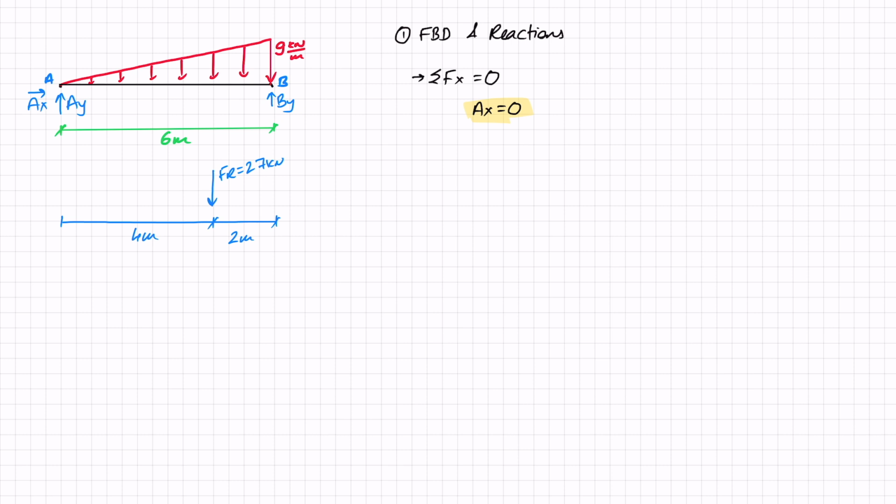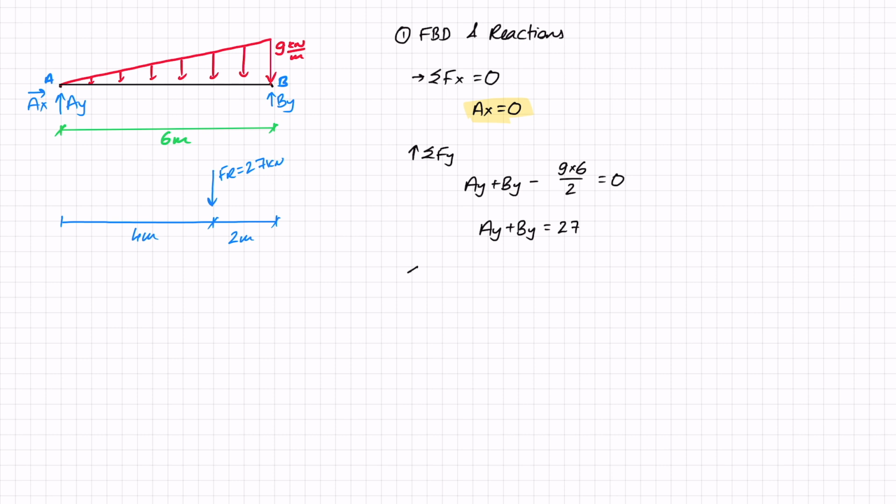Then the sum of forces in the Y direction, with this being my positive Y: I've got AY plus BY, and then minus this distributed load, which we already found is 27, but just to clarify, it is the shape, so 9 times 6 divided by 2 equals 0, and as we already found, that means AY plus BY equals 27.